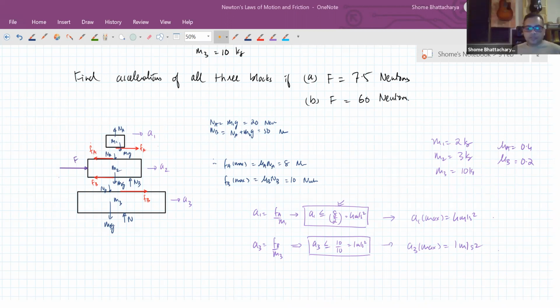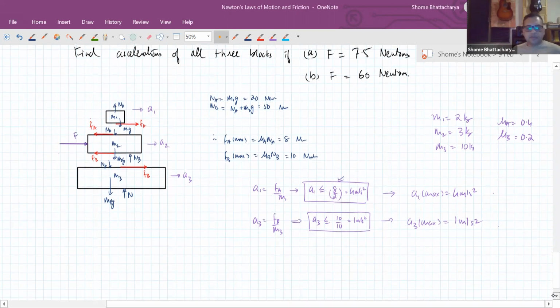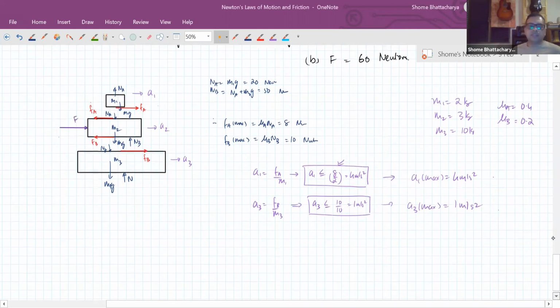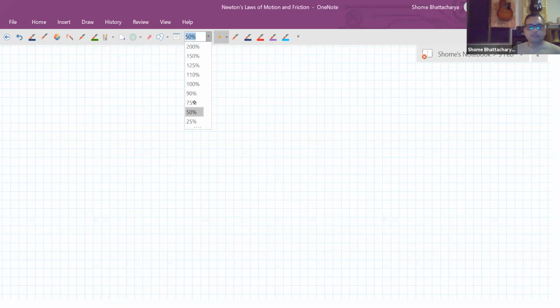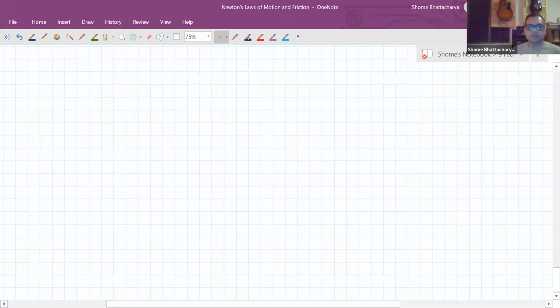Okay, so once we have understood these limiting values of accelerations, now it's easy to analyze whether or not slipping will be taking place when we apply these forces.